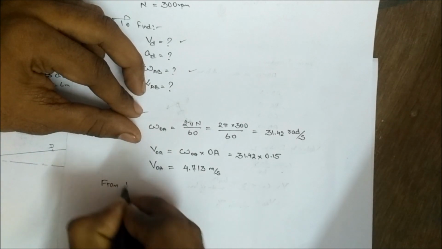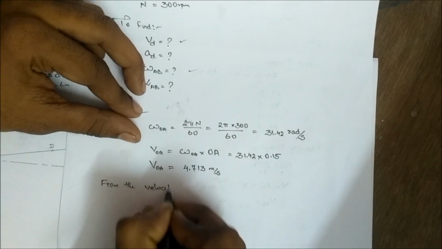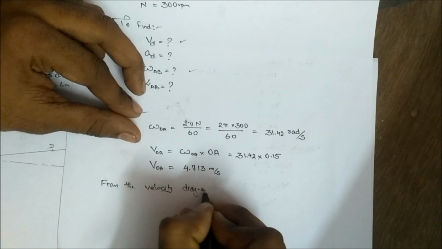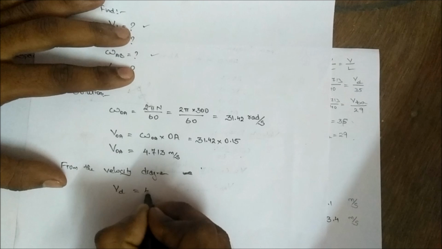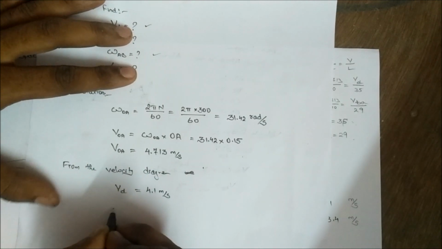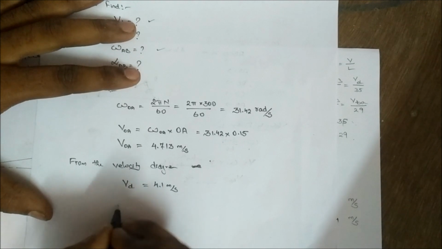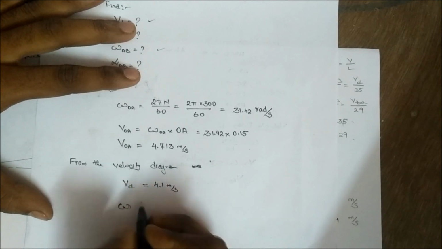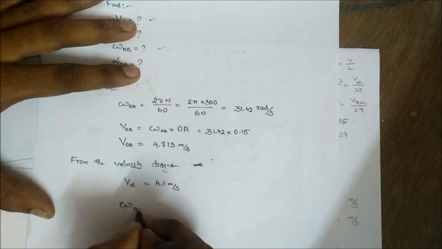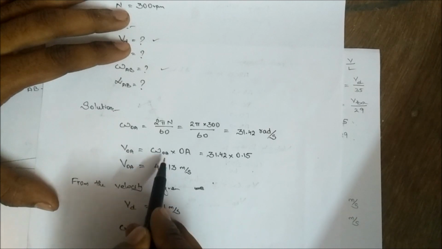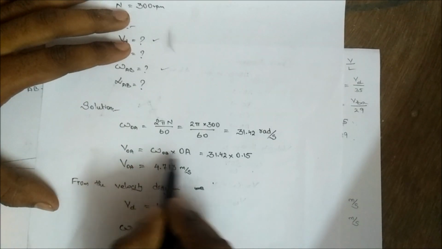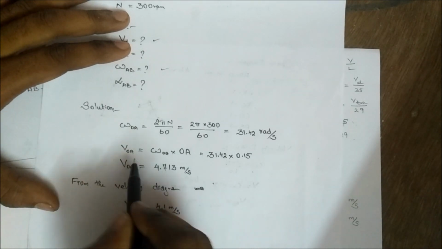So we will write it as, from the velocity diagram, VD equal to 4.1 meters per second, and we need to find out omega of AB, which is nothing but the inversion of this formula. The inversion of this formula is omega, so we have omega and bring the length down.